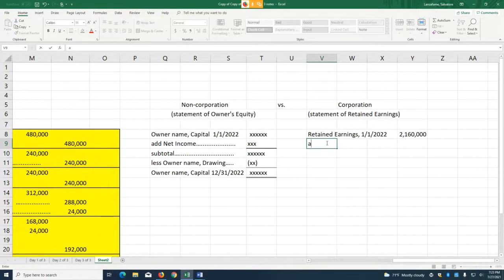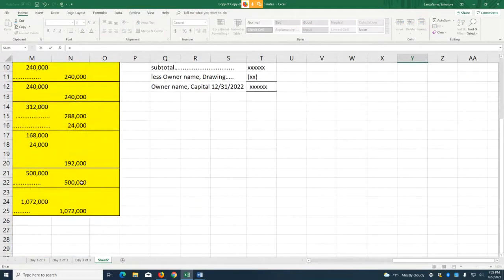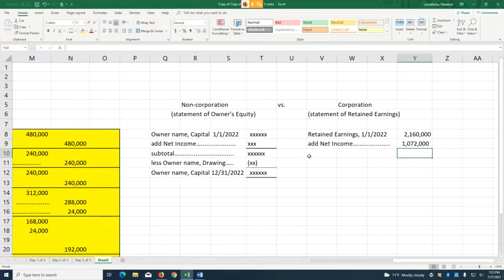We would then add in our net income, and that's coming from closing entry number 3. So we would do this math.